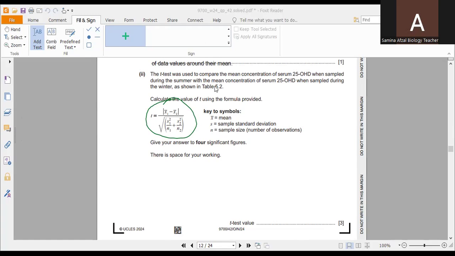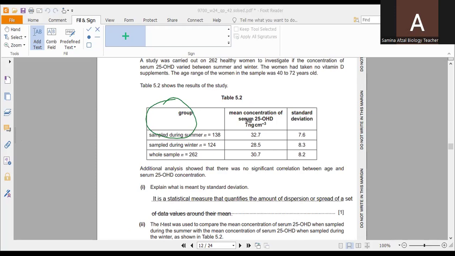So I am moving towards the back. Here you can see these are the mean values, the x values, the n values, and the standard deviations. So we will make use of 138 and 124. This is N1 and N2, and X1 and X2, standard deviation 1 and standard deviation 2. So N1 is equal to 138, N2 is equal to 124.